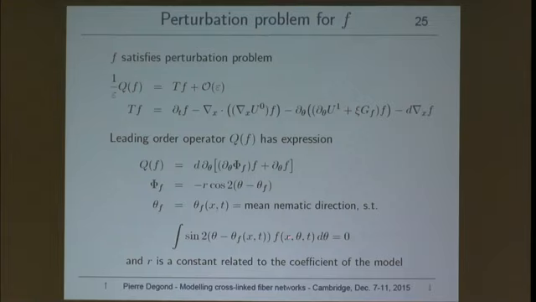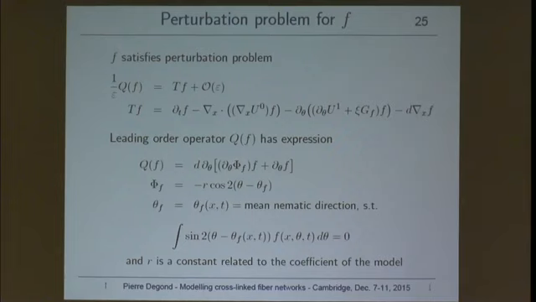I define theta f as the angle that cancels this integral. There is a unique solution that cancels this expression, and that's called the mean nematic direction. Basically the alignment operator says that this is proportional to the cosine of twice the difference between the actual angle of the fiber and the local mean nematic angle of the fibers around this fiber. So that's the leading order.